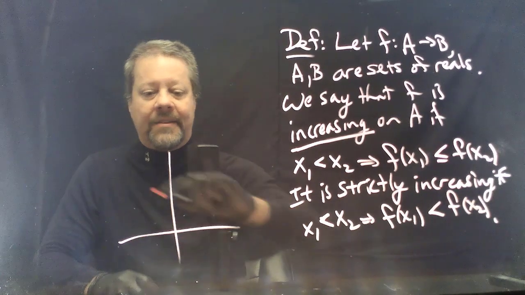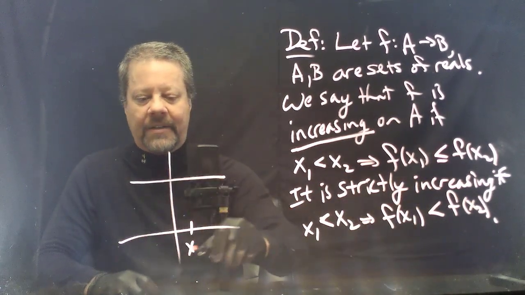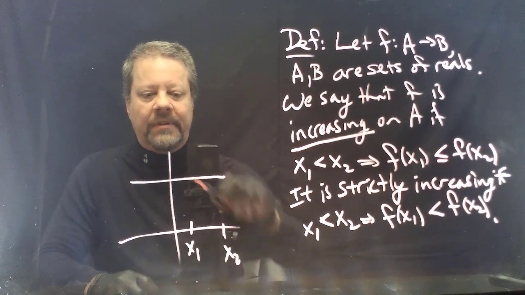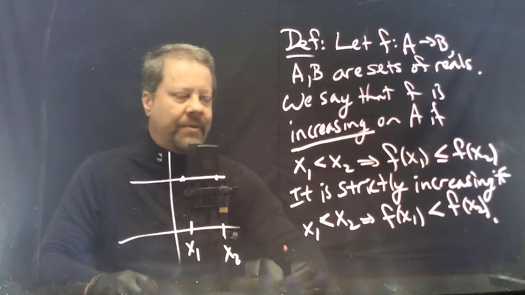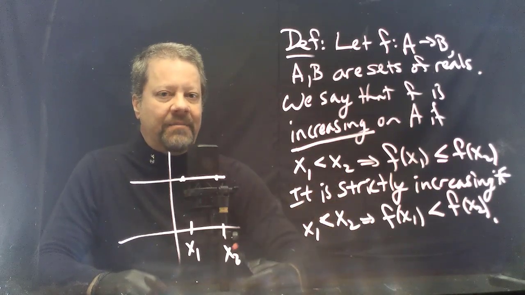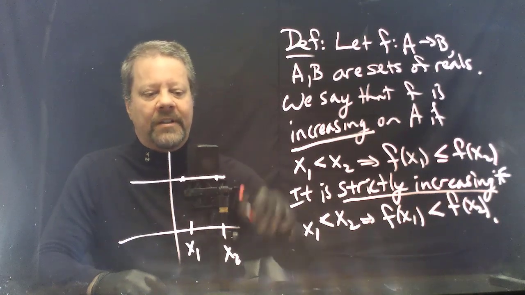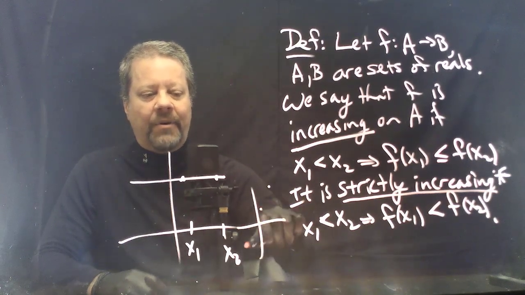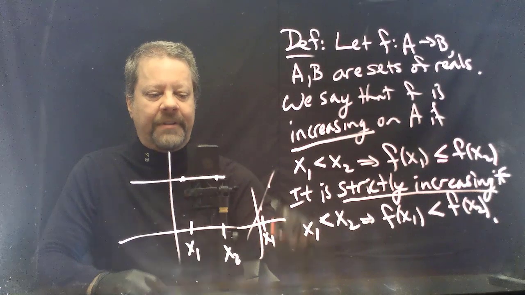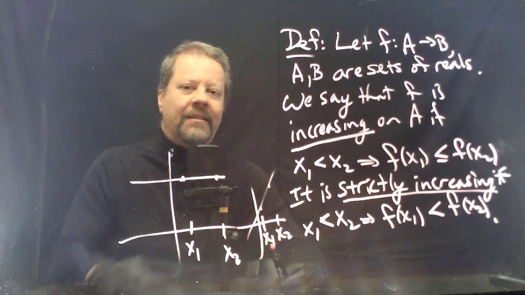So a function that is constant, where given an x1 and an x2, you have the same y values, could be described as increasing, but it is not strictly increasing. To be strictly increasing, you have to go up as you march from left to right. Increasing is always measured as you march from left to right on the graph.